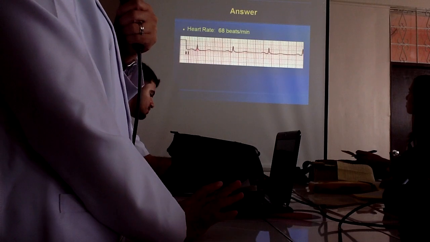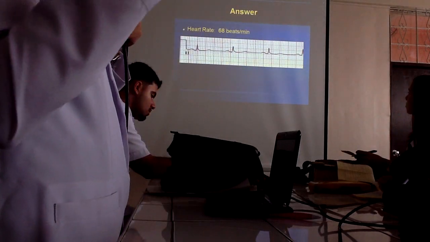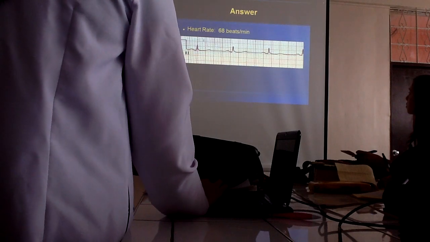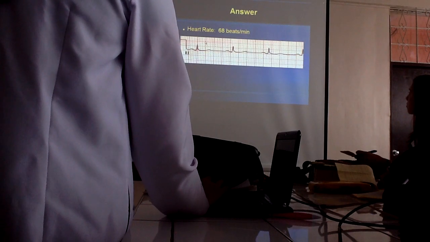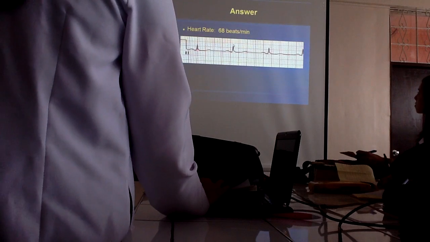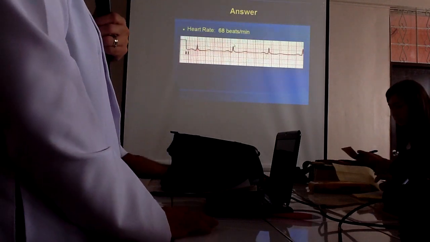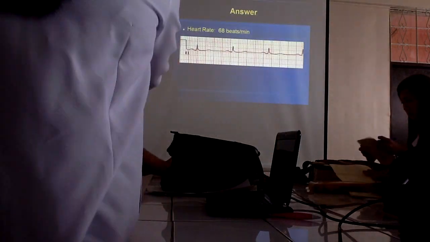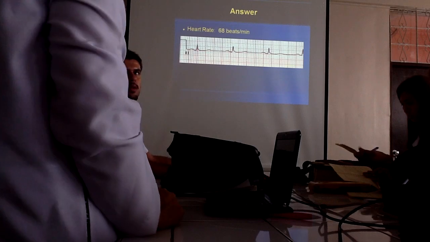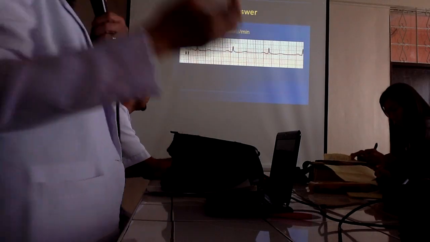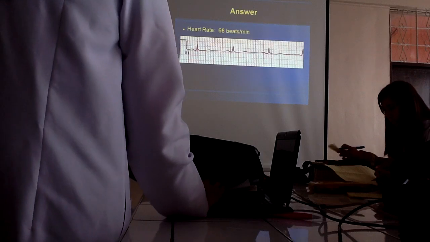Because there are 5 small squares in one big square, you just count the big squares. So 1,500 divided by 22. Answer: 68.